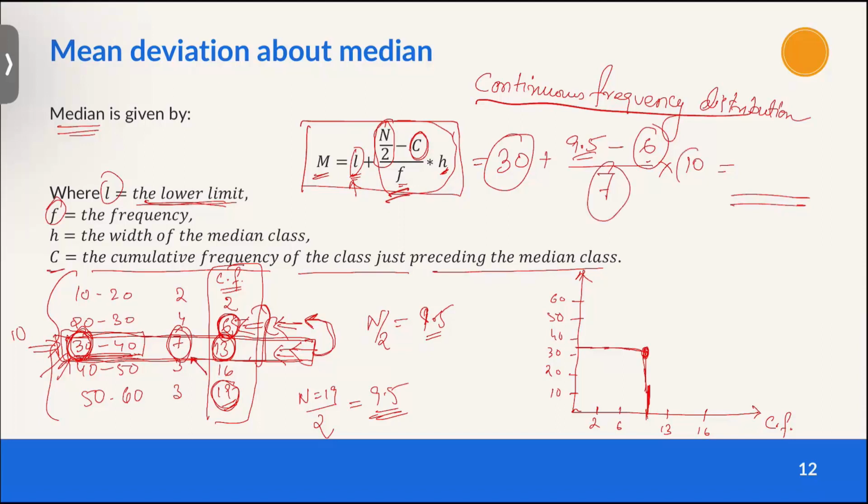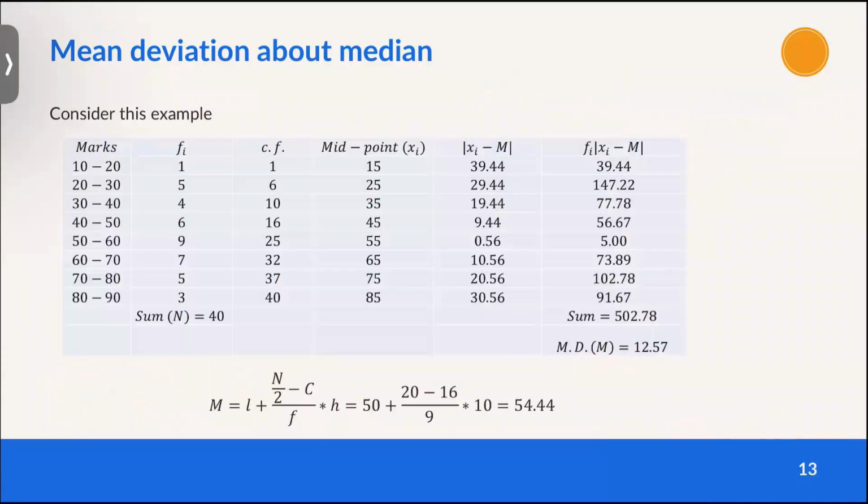Then you multiply it by the width of the median class, which is 10, and you calculate the median. The rest of the steps are the same. You calculate the deviation of each data from the median, and then the sum of the frequency multiplied by the absolute deviation.